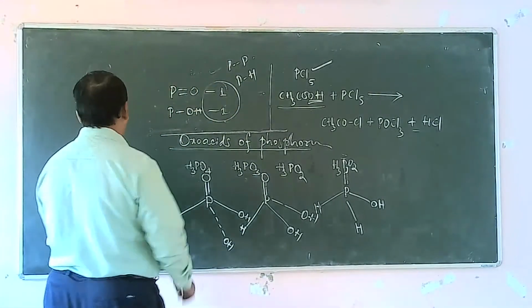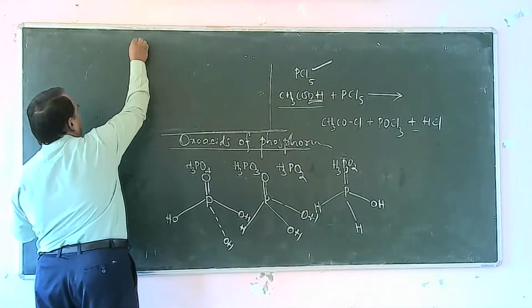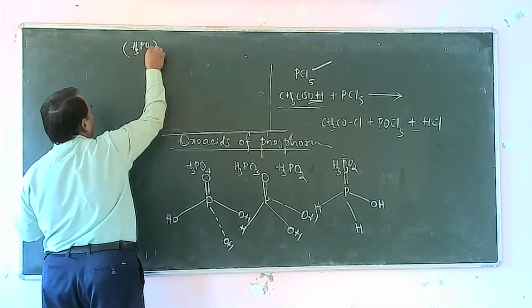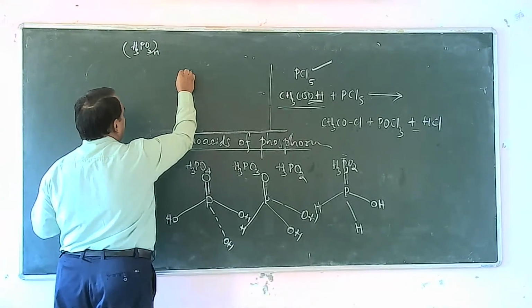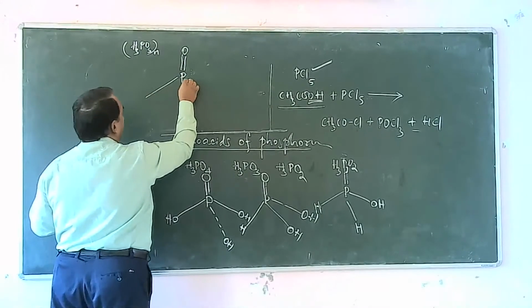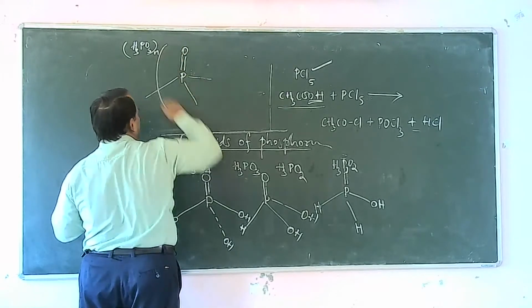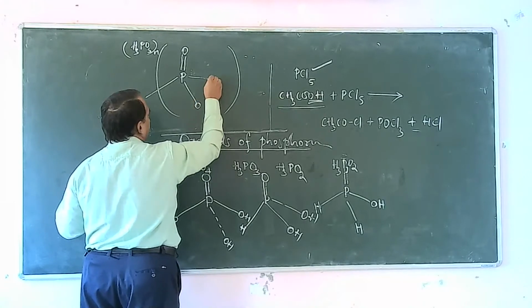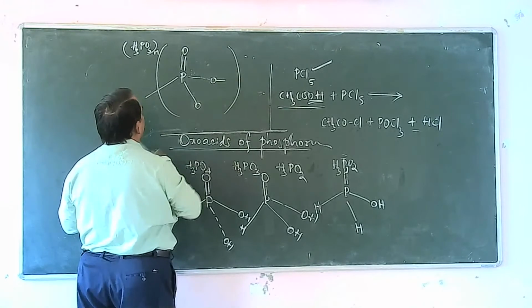And we shall find the metaphosphoric acid, which is (HPO3) n times. So it is a structure with phosphorus along with double bonded oxygen, continuing in a chain, with 3 oxygens, and another phosphorus, continuing.